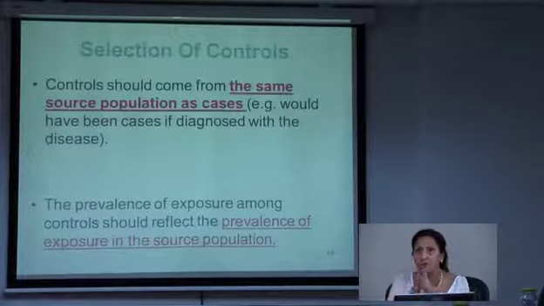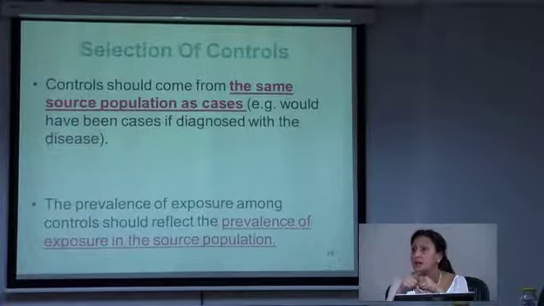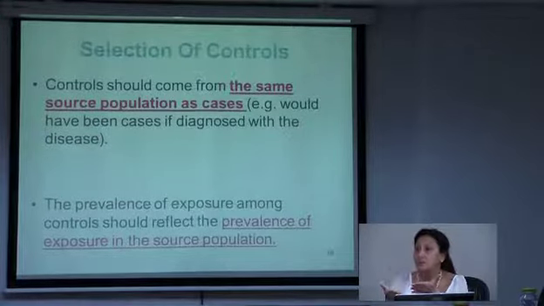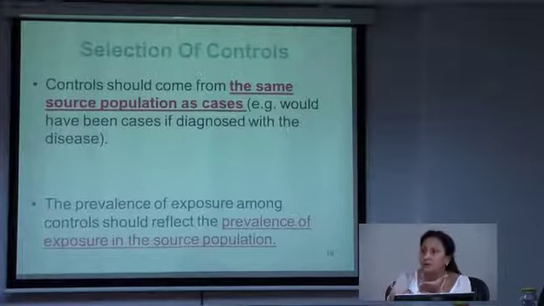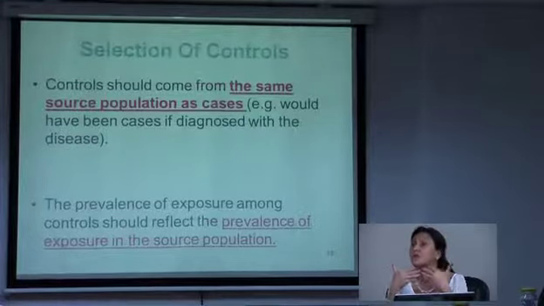Let me give you an example. If I'm doing bladder cancer and smoking at AUB, and I pick up cases from AUB, and I'm interested in the prevalence of smoking, so I pick up controls. These controls should have a prevalence of exposure similar to the known prevalence of smoking.